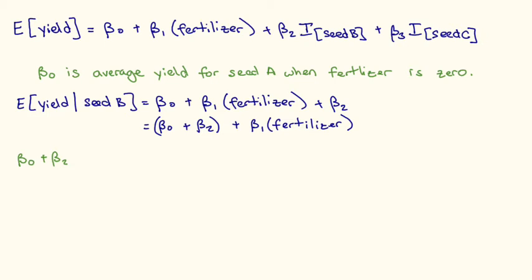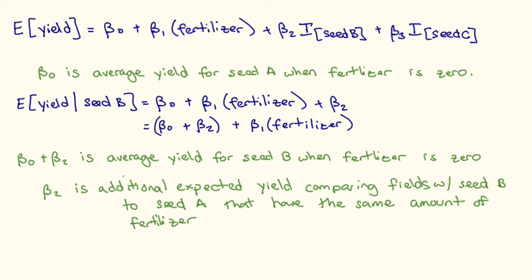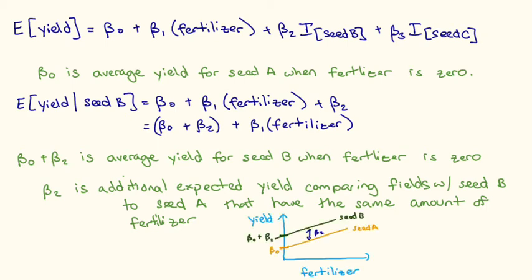So the way to look at this is that beta naught plus beta 2 is going to be the average yield for seed B when the fertilizer is 0. So that's the intercept for seed B. If I look at beta 2 by itself, it's the additional expected yield comparing fields with seed B to seed A. So it's how much the intercept, or how much anything, because the fertilizer effect is the same between them, how much it changes if you go from seed A to seed B. It's this little gap right here.